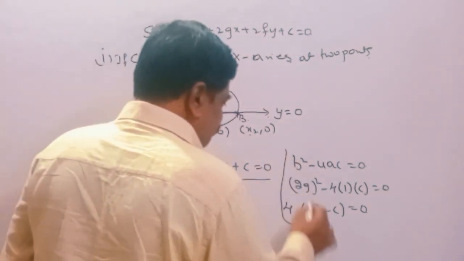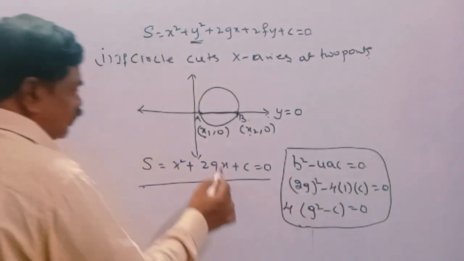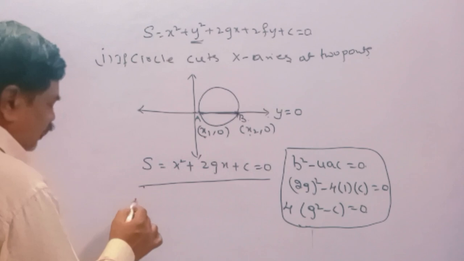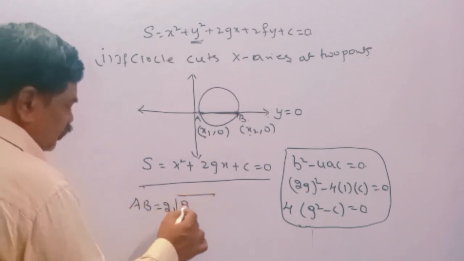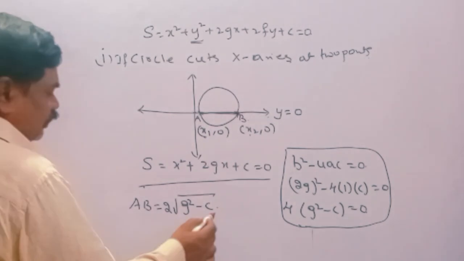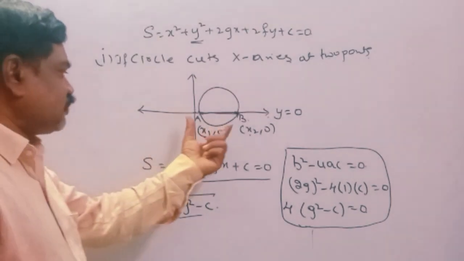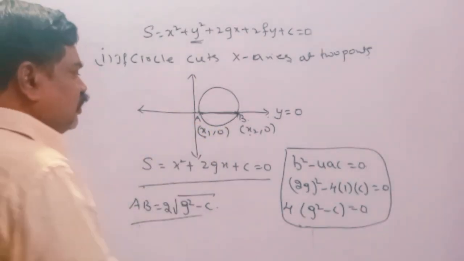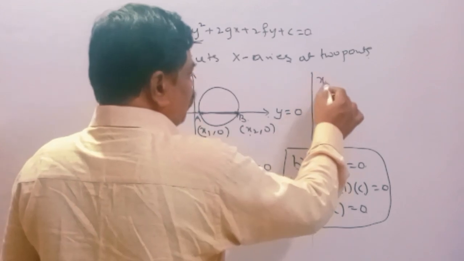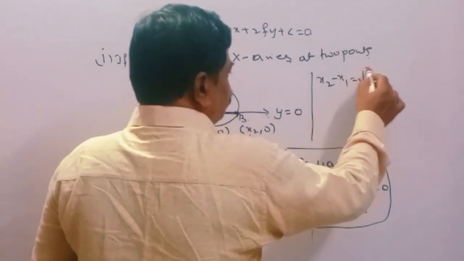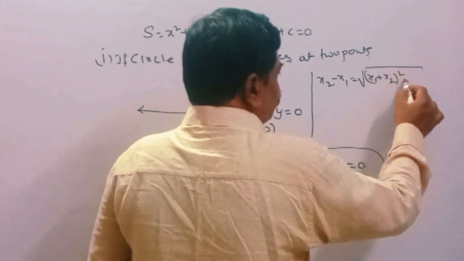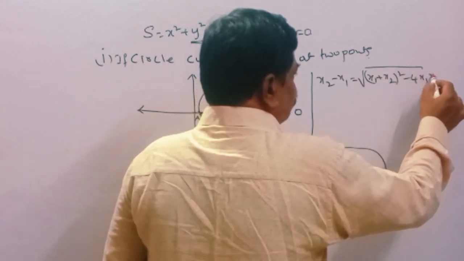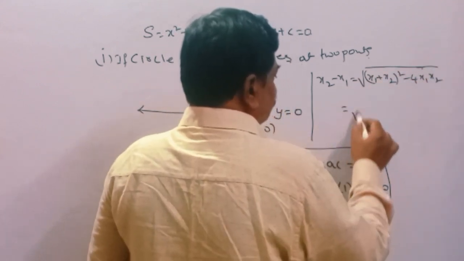So this distance AB is equal to 2 into root over (g square minus c), the distance between these 2 points, that is x2 minus x1 equal to root over ((x1 plus x2) whole square minus 4 x1 x2).